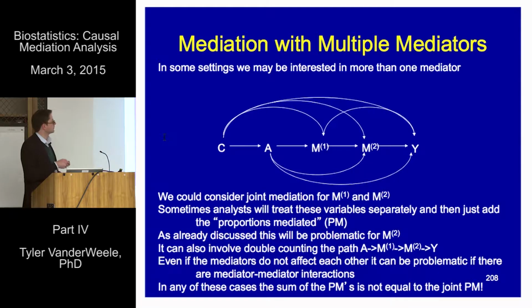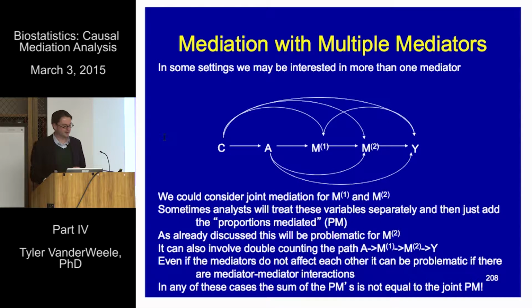But the simpler setting is when we just have multiple mediators, and we're interested in the effect mediated through all of them. What's sometimes done in the literature is we do mediation one at a time for each of them, and then maybe sum up the proportion mediated. But this is potentially problematic.